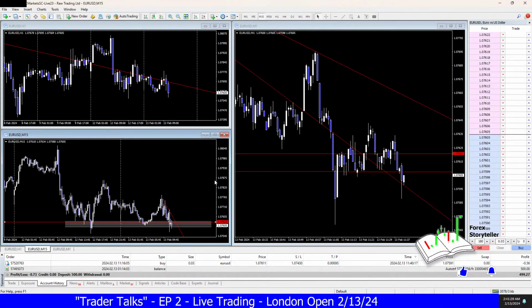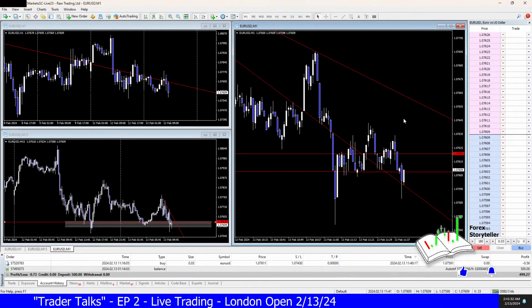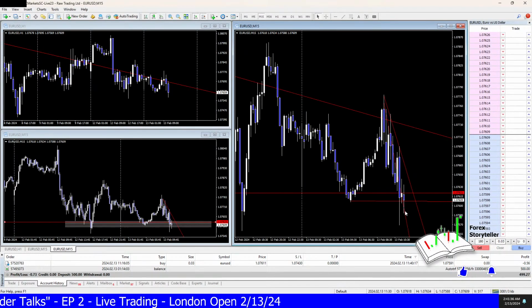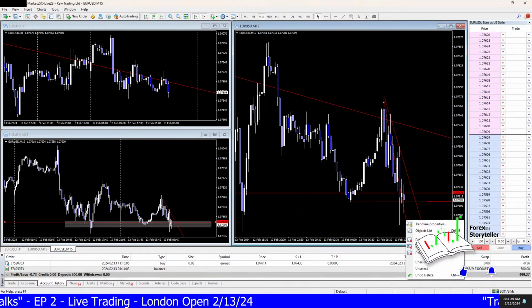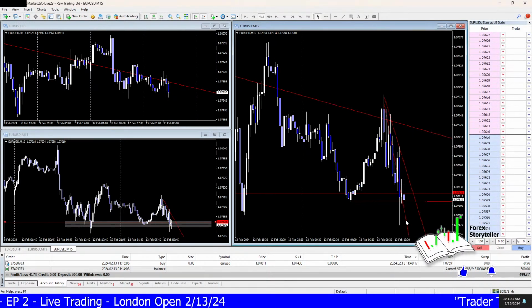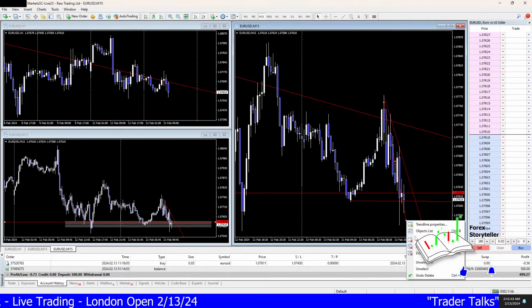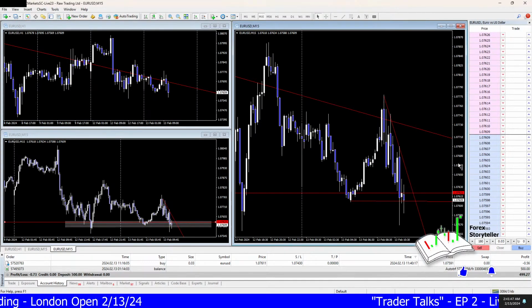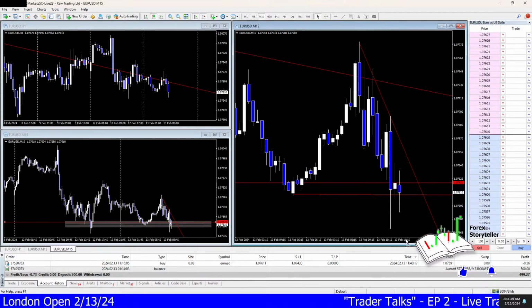So if we have that break there, that might signal the new entry. I've already kind of got that line placed. Delete that. Just kind of keep an eye on the 15.